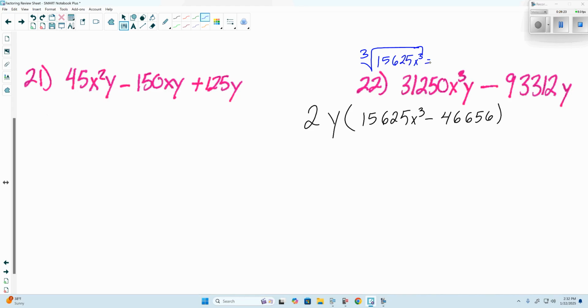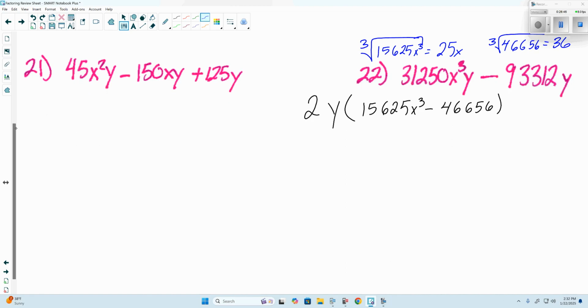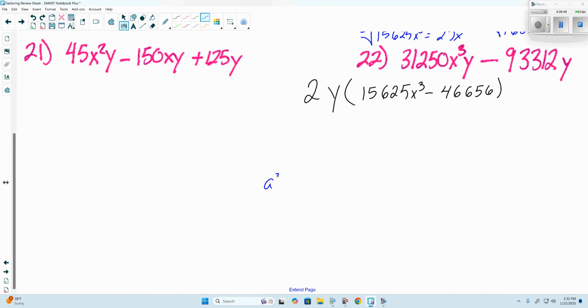Now, if we take the cube root of 15,625, we get 25x. And if we take the cube root of 46,656, we get 36. So these are perfect cubes, and since they're being subtracted, we're using our difference of 2 cubes. A cubed minus b cubed is equal to a minus b times a squared plus ab plus b squared.